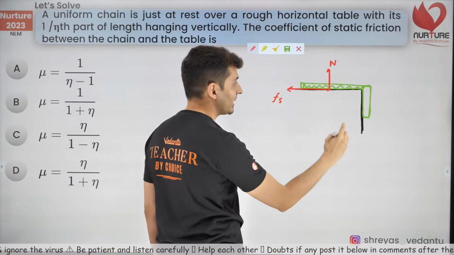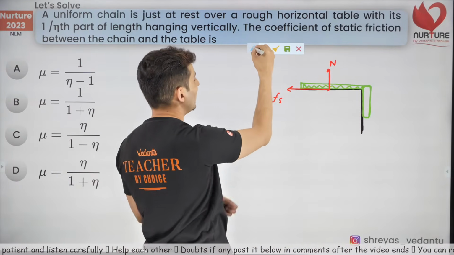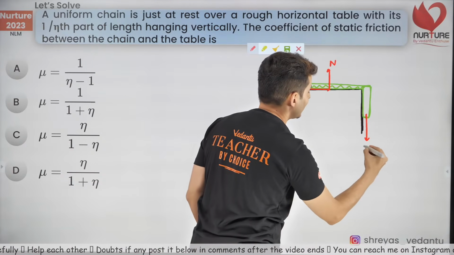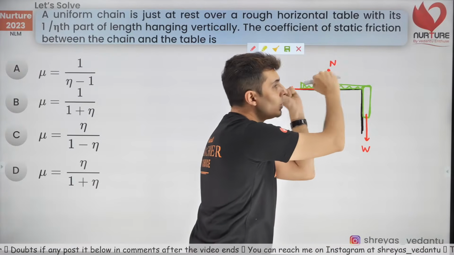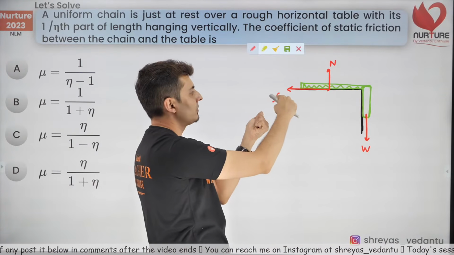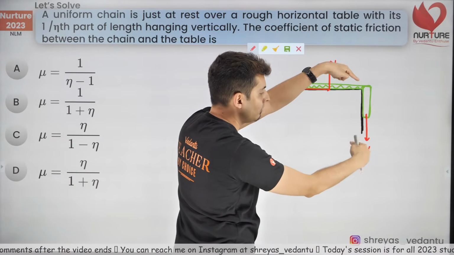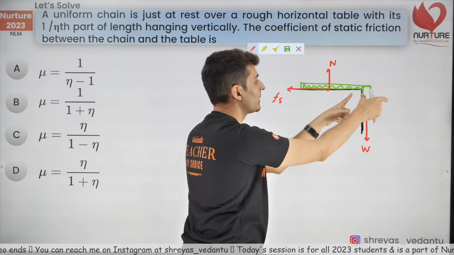But the part which is hanging over here will be directly pulled by the weight. So there will be a weight acting over here, which is trying to act against the friction. If this part is more, weight is more.